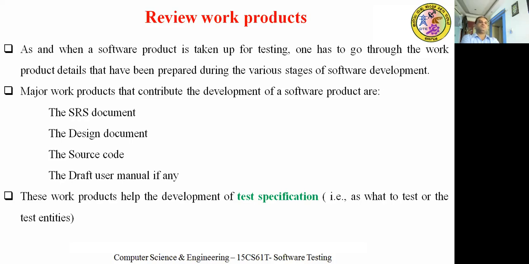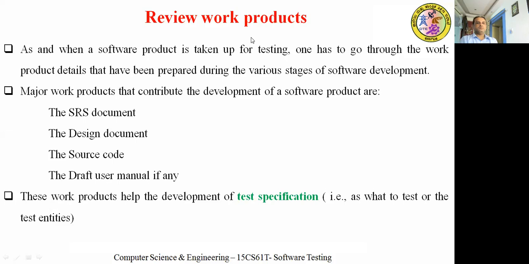As and when a software product is taken up for testing, one has to go through the work product details that have been prepared during the various stages of software development. Major work products that contribute to the development of a software product are the SRS document, the design document, the source code, and the draft user manual, if any.